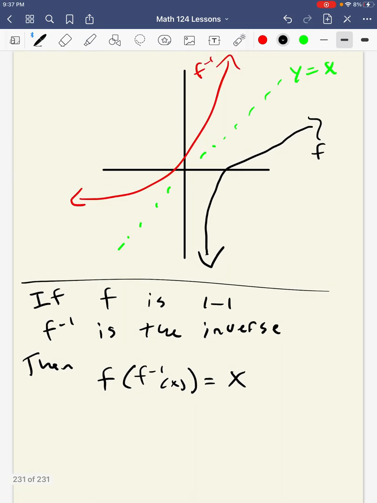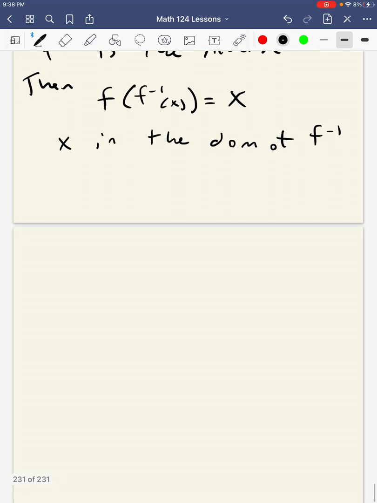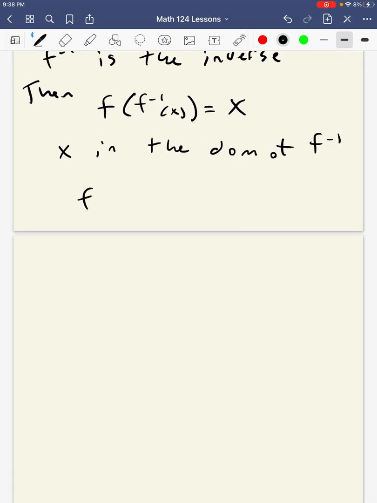But you have to be a little bit careful about the domain, so x has to be in the domain of the inverse. Okay, and then we could also plug the original function into the inverse and everything will cancel out except an x, but here x is in the domain of f.